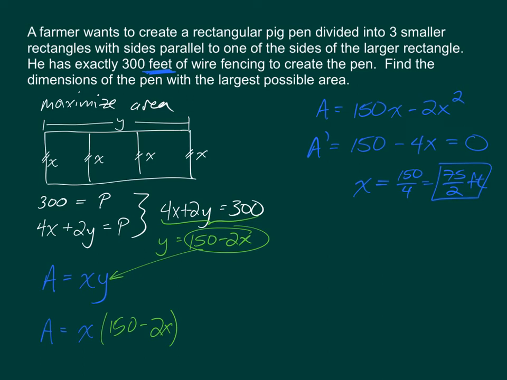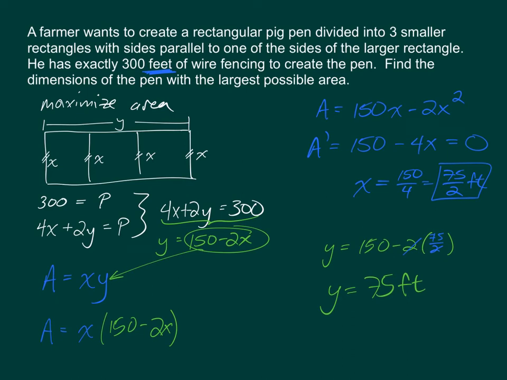All right, so to figure out what y is, we can just put 75 over 2 in here for x, and we get y equals 150 minus 2 times 75 over 2. The 2's will cancel. We will have 150 minus 75, so y equals 75 feet.